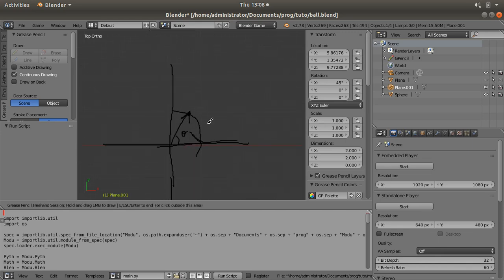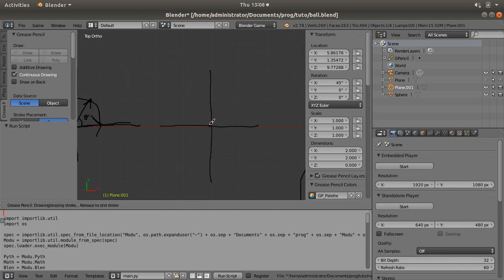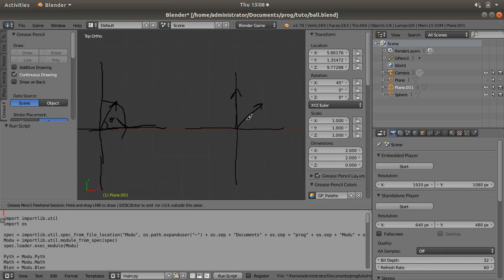And I could rotate both of these vectors, and it's not going to change. Say I have one vector like this, and I've rotated these 45 degrees. So my theta is the same.